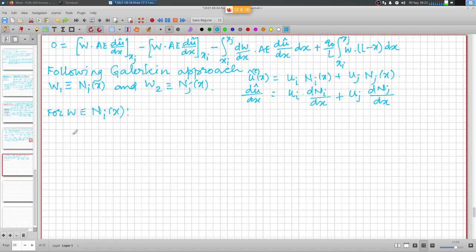So this term will exist, and that is what we will get, Ae times du by dx at xi, minus the integral of Ae times dW by dx times du by dx.